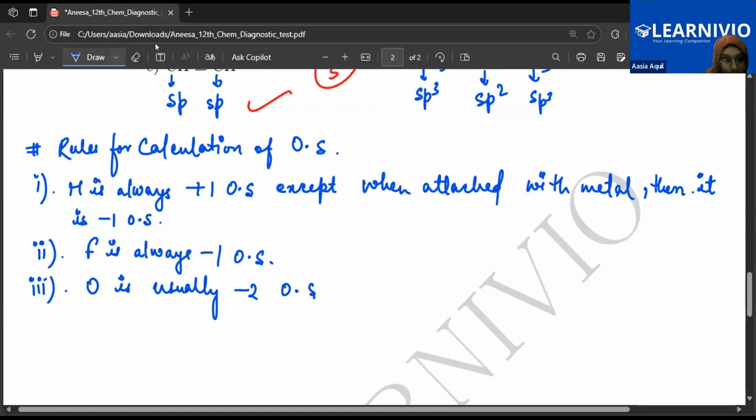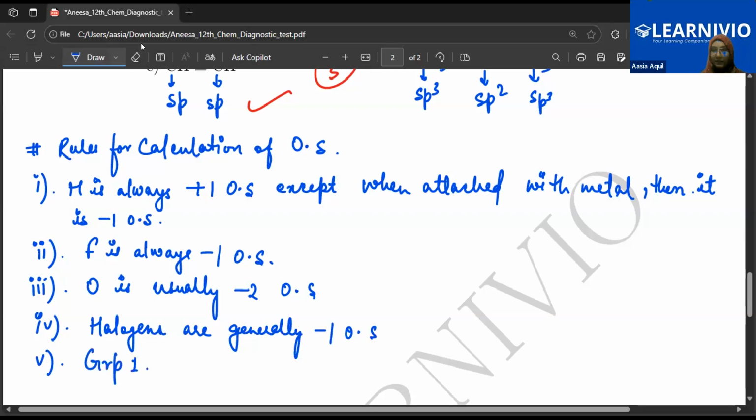Now, fourth point, all the halogens, your fluorine, chlorine, bromine, iodine, are generally -1 oxidation state.